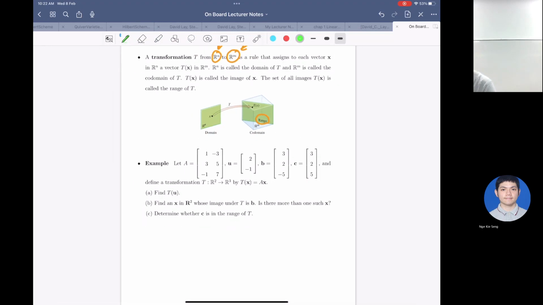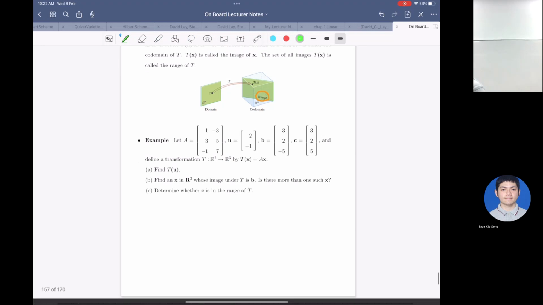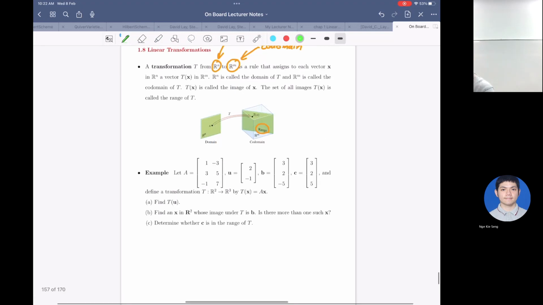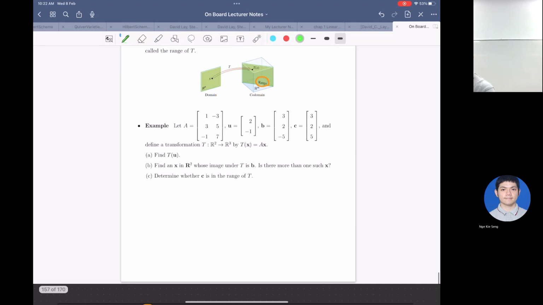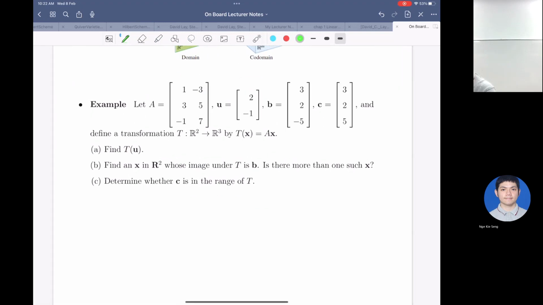Okay, and then what next? Let's look at some examples of transformation here. For example, we got this matrix here, and then we got some vectors.